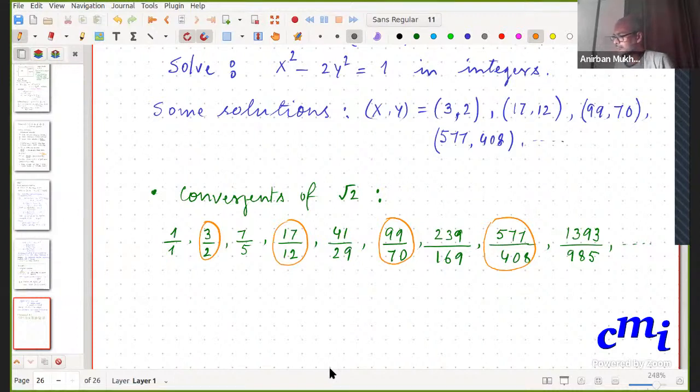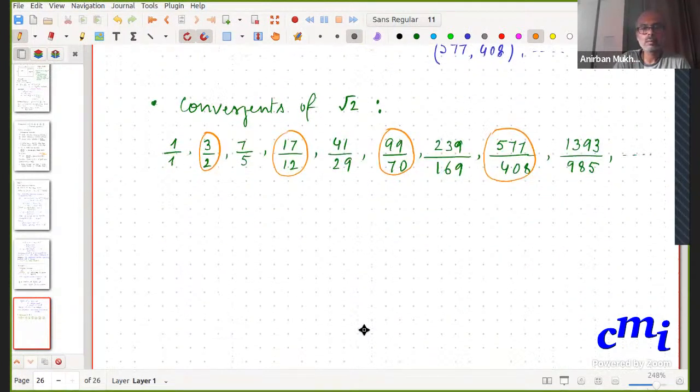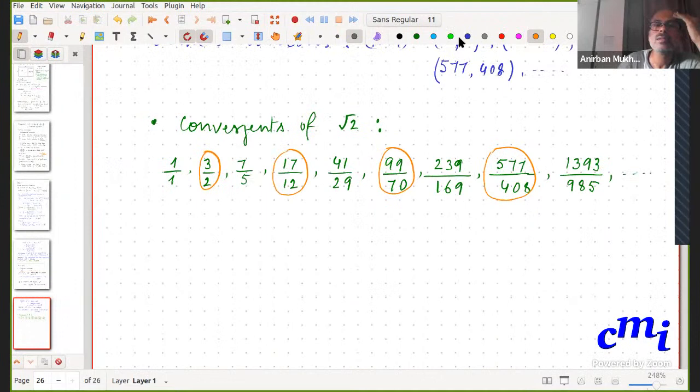So next thing is to try to establish this connection rigorously. For that we start looking at the continued fraction expansion of square root of 2. How do we really establish this connection, that convergents provide solutions, and every alternate convergent provides a solution?